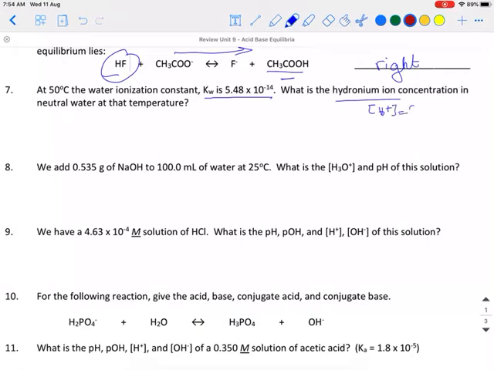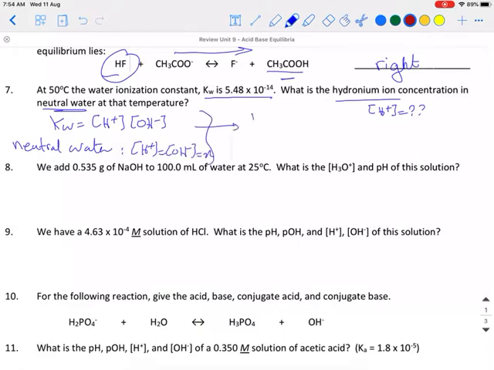At 50 degrees Celsius, the water ionization constant is 5.48 times 10 negative 14. What is the hydronium ion concentration at that temperature? Hydronium, which is H plus. The formula: Kw equals H plus times OH minus. Speaking about neutral water, when I say neutral water, it means H plus equals OH minus.